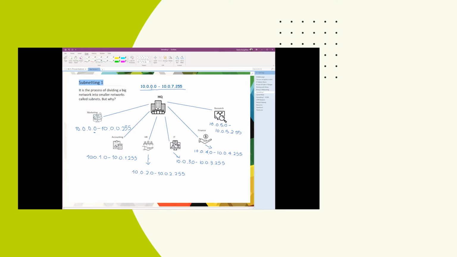And they have saved the 10.0.6.0 network and 10.0.7 network for future implementations. So they have saved 2 ranges of 255 and again 255 for, let's say, Wi-Fi or other implementation.